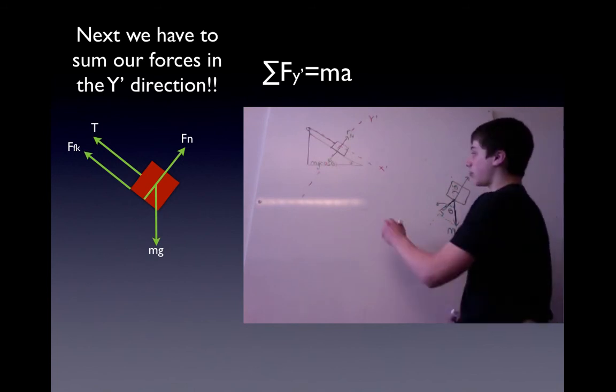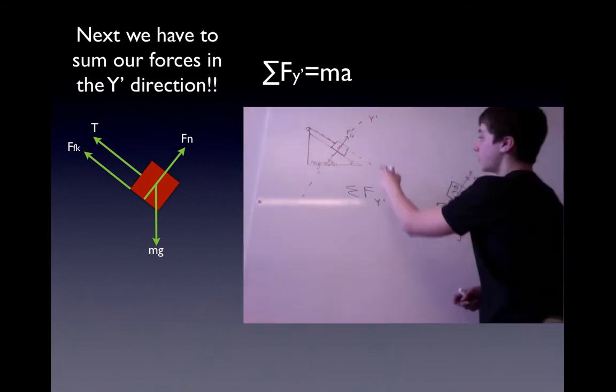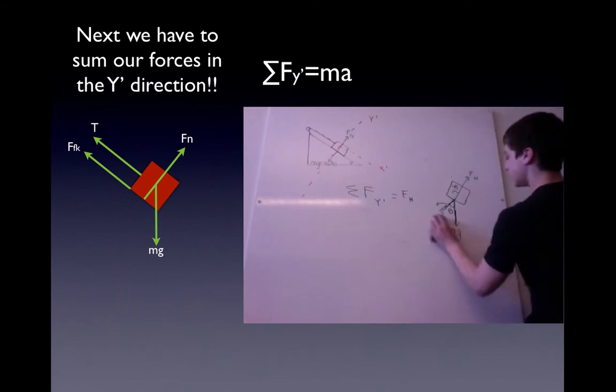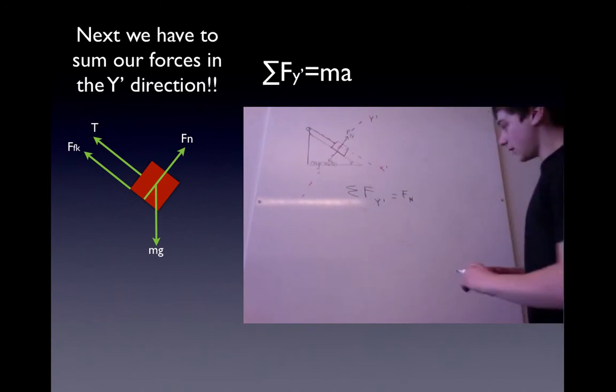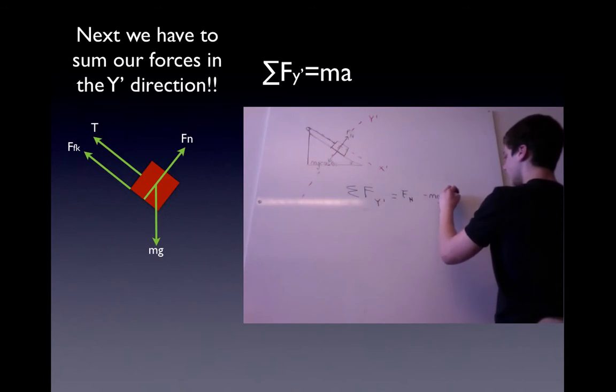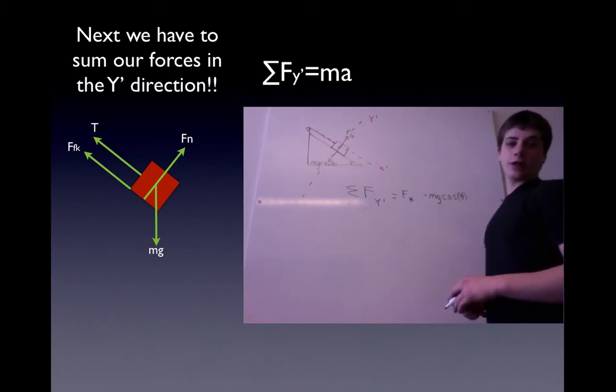So to sum the forces in the y prime direction, we're going to do Fn, because that's our positive, minus mg cosine theta, and set that equal to 0, because the sum of forces due to Newton's second law is mass times acceleration, and it's not accelerating in the y prime direction.